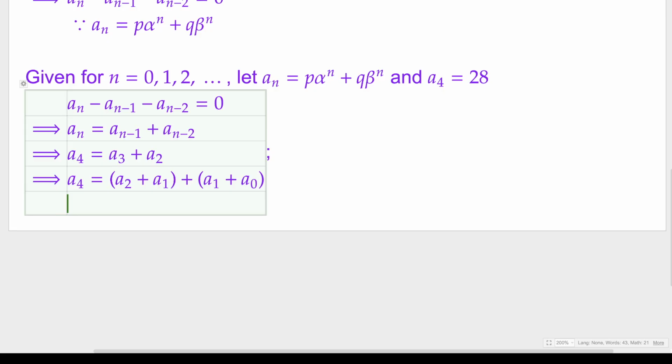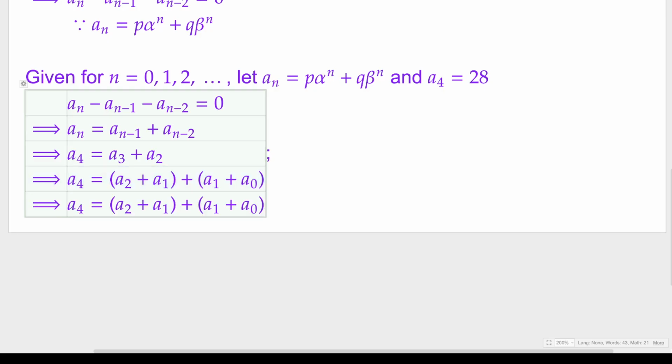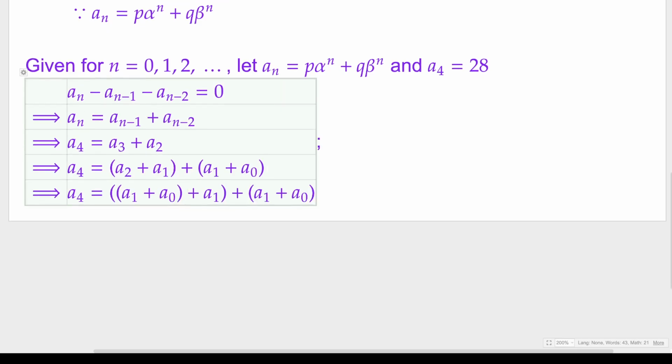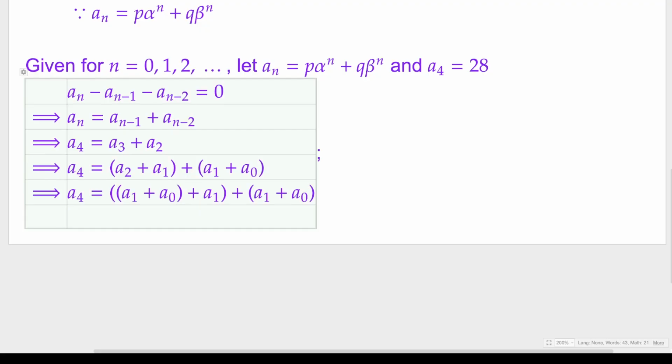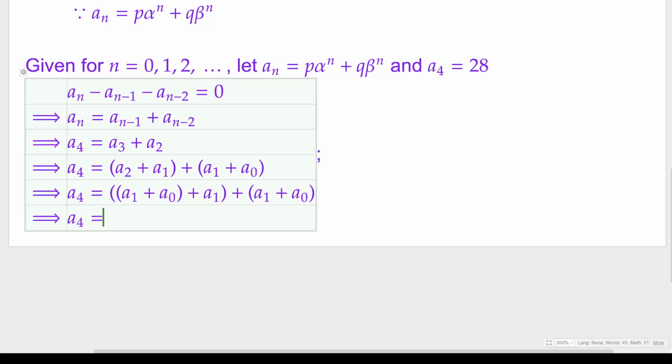Now further, whatever the replacement for this a subscript of 2 we have made, I'll take this one and replace this a subscript of 2. Now on resolving this further, a subscript of 4 can be written as 3 times a subscript of 1 plus 2 times a subscript of 0, right?